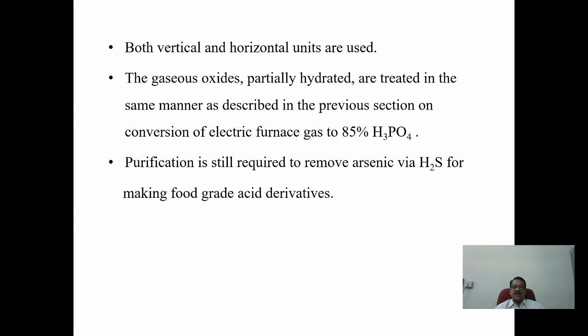The gaseous oxide, partially hydrated, is treated in the same manner as described in the previous section on conversion of electric furnace gas to 85% concentrated phosphoric acid. I explained it before. The purification is still required to remove arsenic via hydrogen sulfide for making food grade acid derivatives.